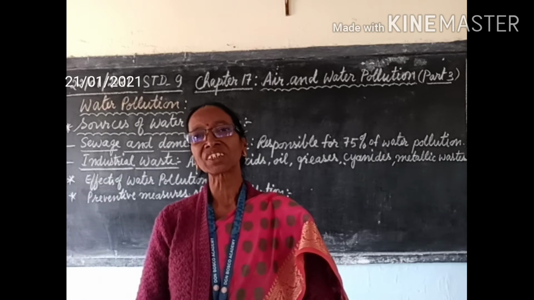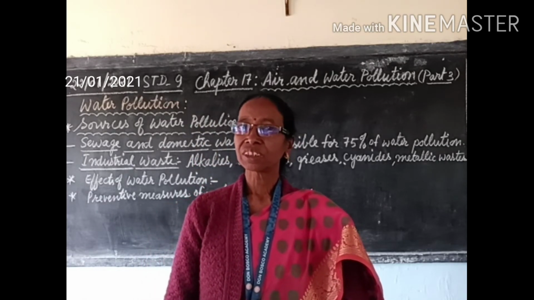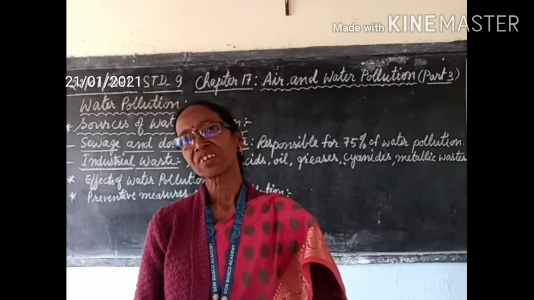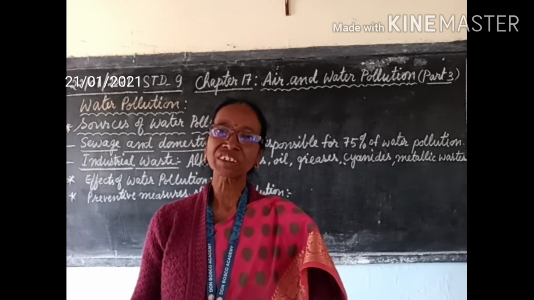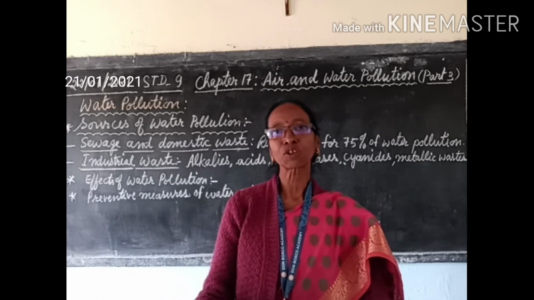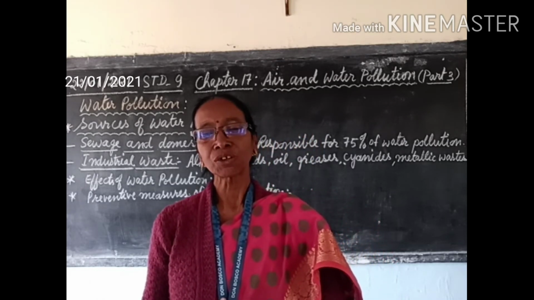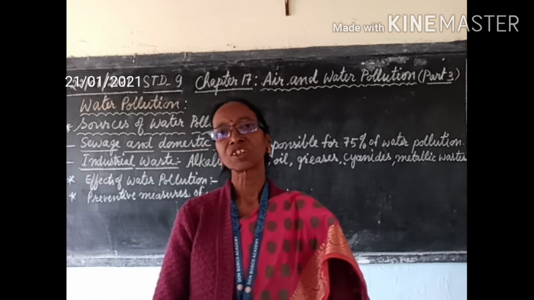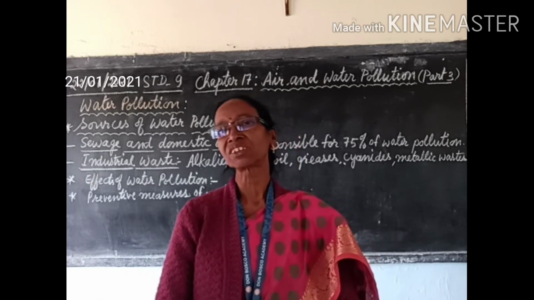All of a sudden we can see all living beings are affected by it. In some areas, some animals or birds may die. We can see some of the plants, due to the pollution in the air or water, may dry. So all of a sudden any disease can attack and cause the death of living beings.